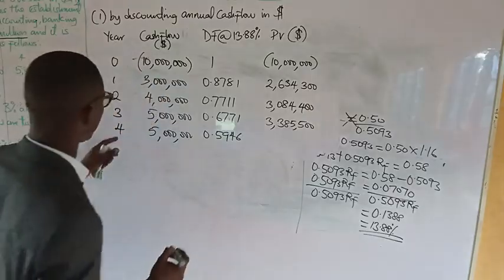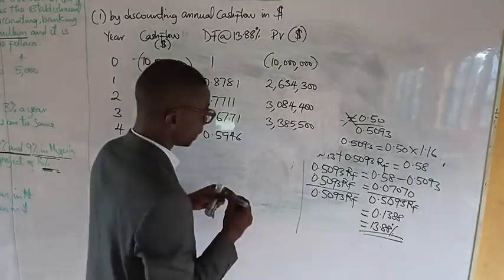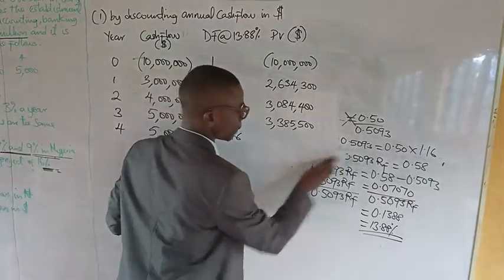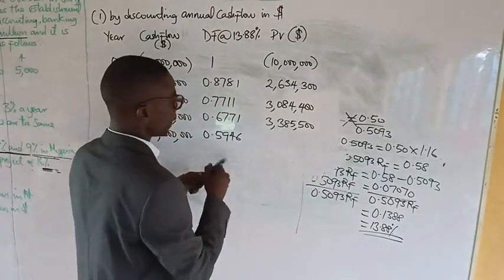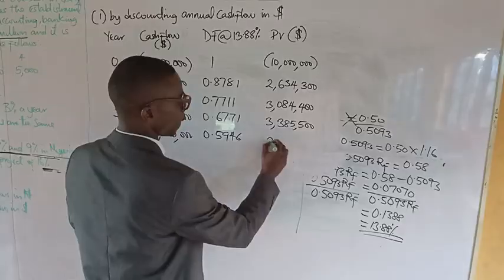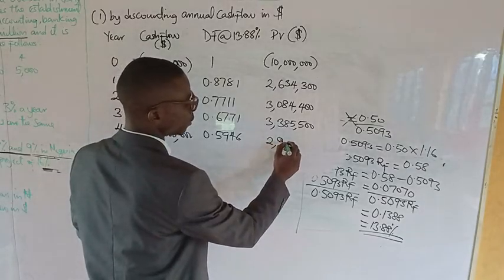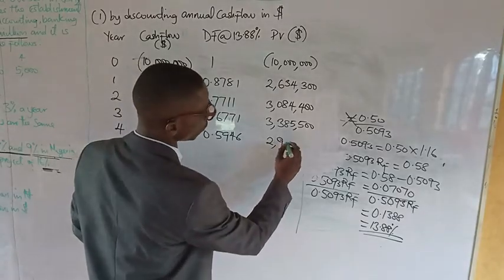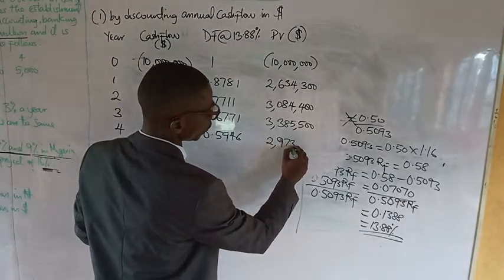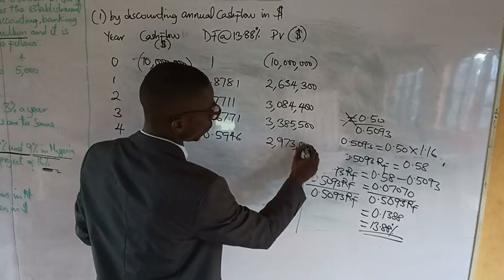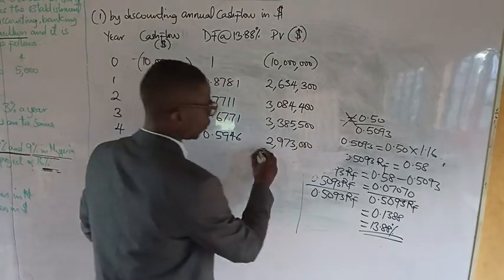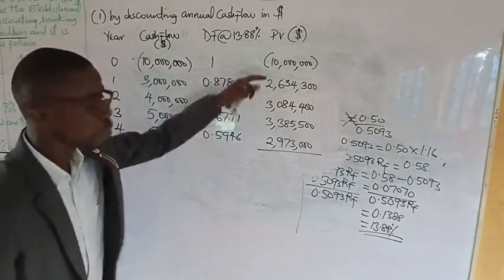For year 4, 2,973,000. So what would that give you?